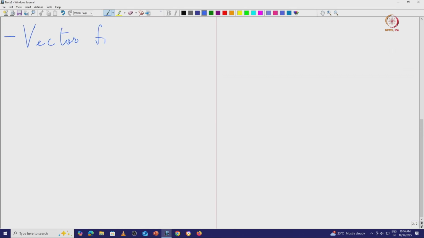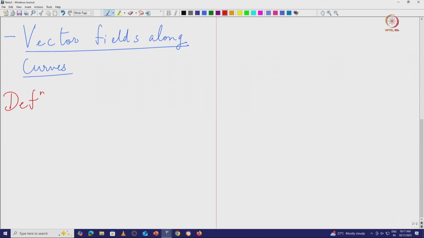So, vector fields along curves. Let gamma be a curve defined on some interval I, a smooth curve.